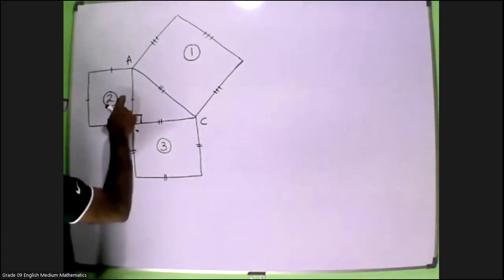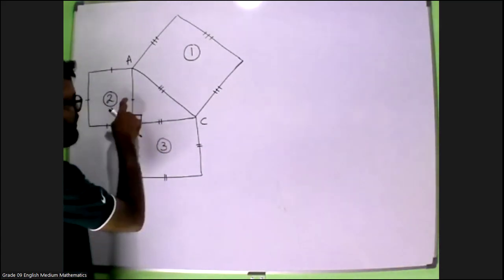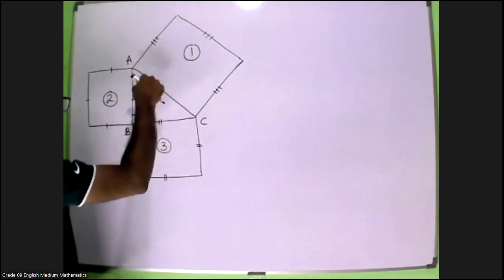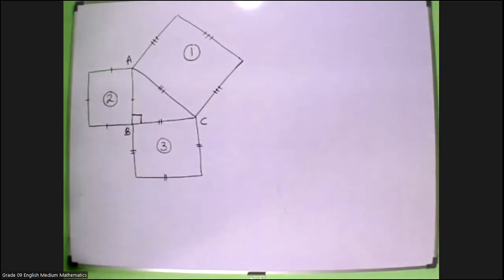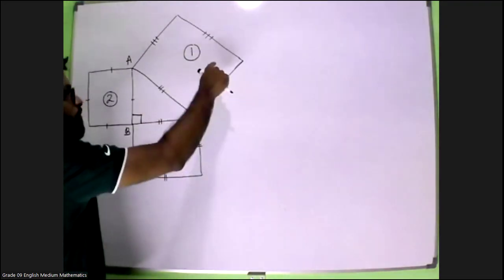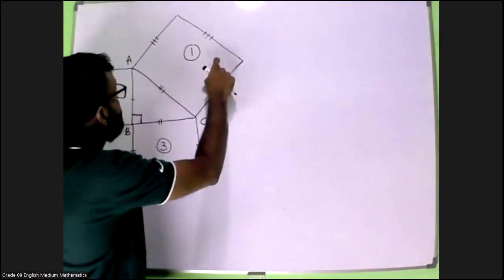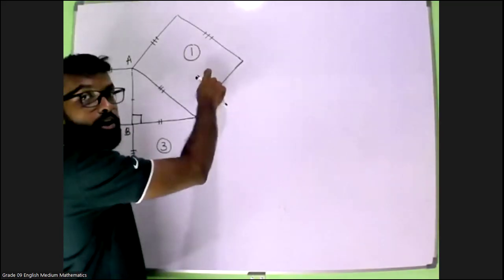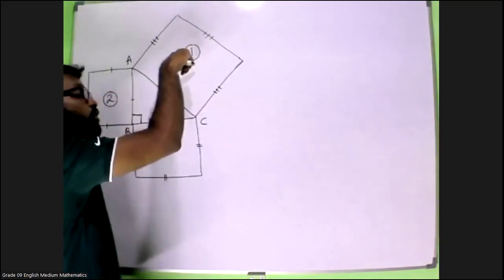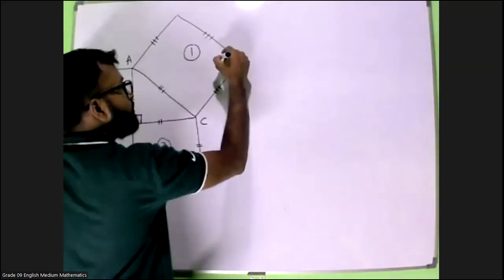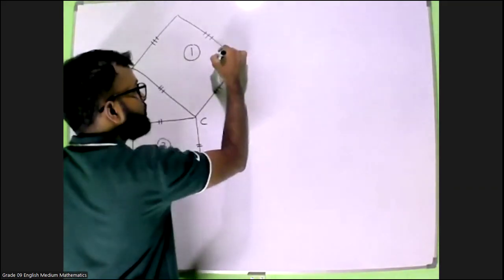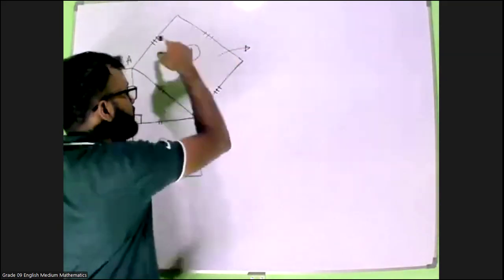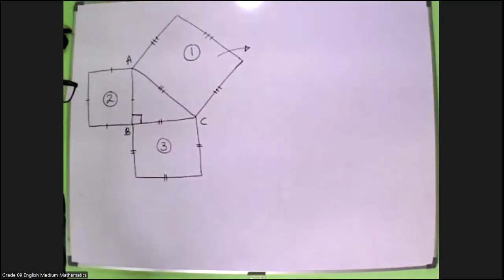So these are our remaining two sides, and this is called the hypotenuse, right? Now you know how to find the area of the square number one. How do we write the area of the square number one? By looking at this picture, right?